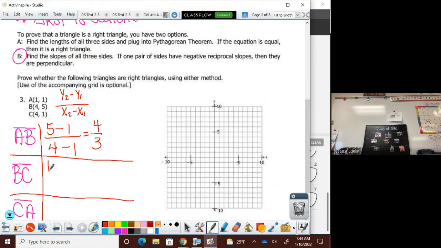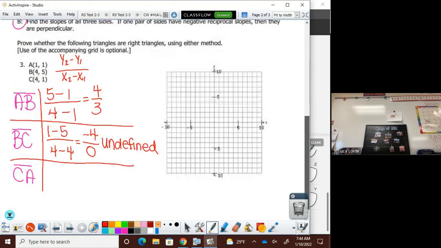BC is going to be 1 minus 5 over 4 minus 4, which is negative 4 over 0, which is undefined. And then CA is going to be 1 minus 1 over 4 minus 1, which is 0 over 3, just 0.